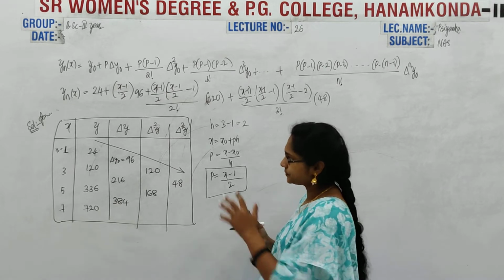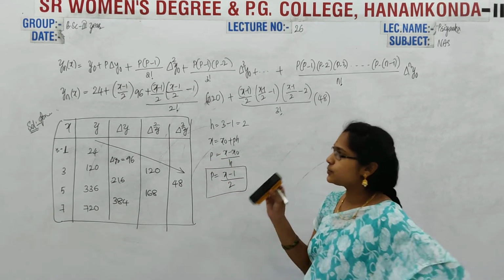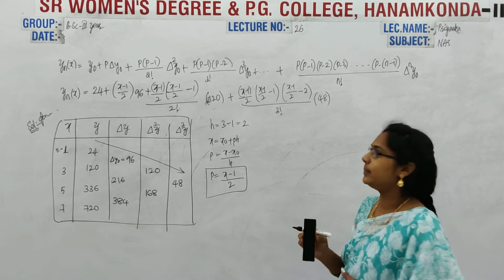Now I am not erasing this table because I want to calculate this problem using the backward method also.